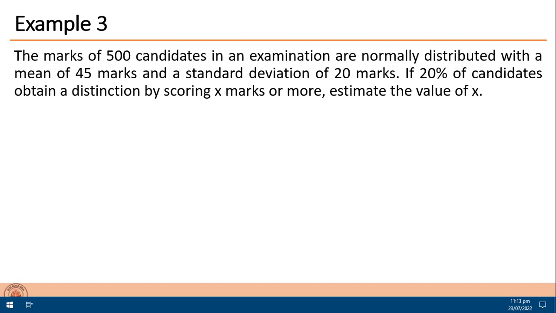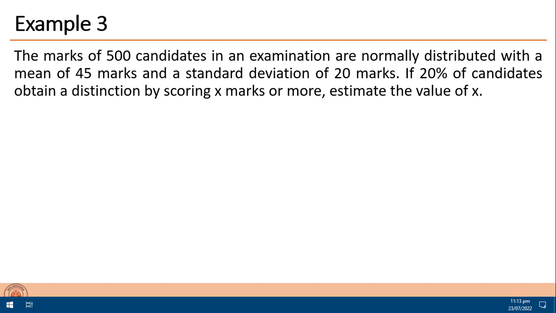Okay, so this is the second part of our lecture on continuous probability distributions. We took the second example, and this is a third example. The marks of 500 candidates in an examination are normally distributed with mean of 45 marks and a standard deviation of 20 marks.